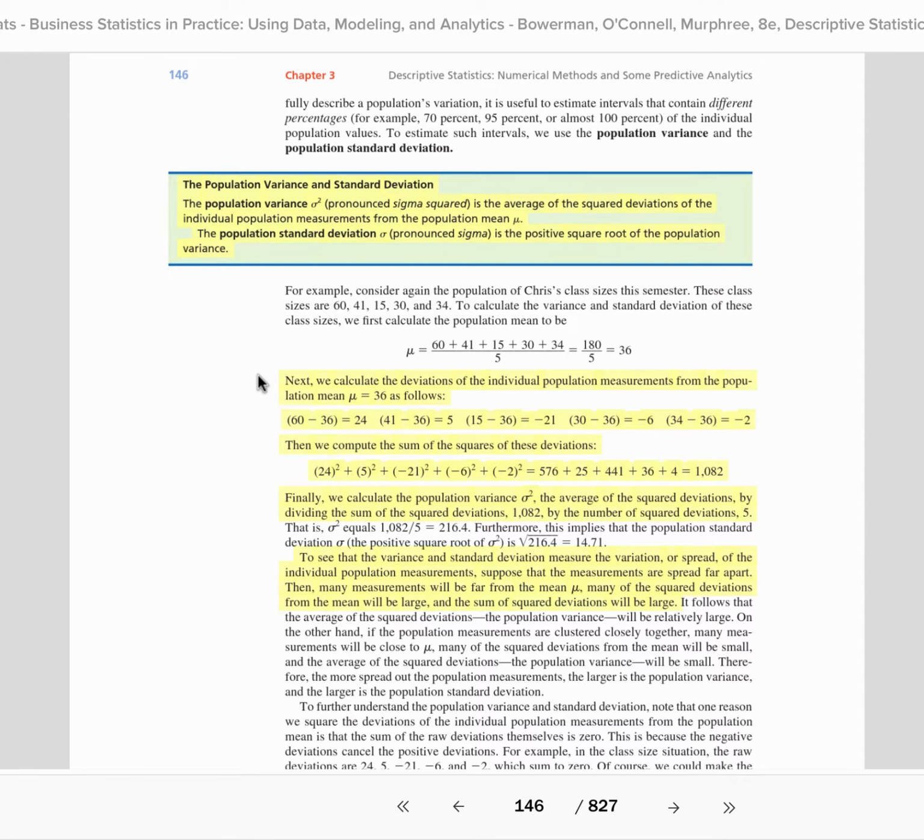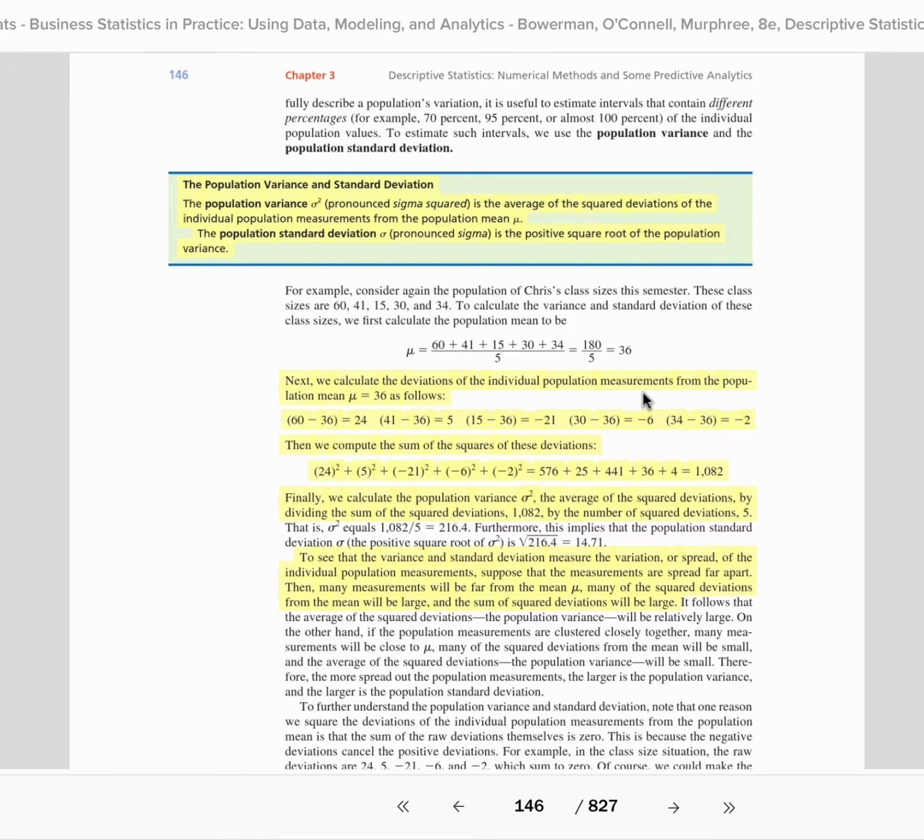You calculate the variance by subtracting the mean from every value you have in your data: 60 minus the mean, 36, and you get 24. Then you get the second number, 41, minus the mean, etc. So you apply this to all your data.